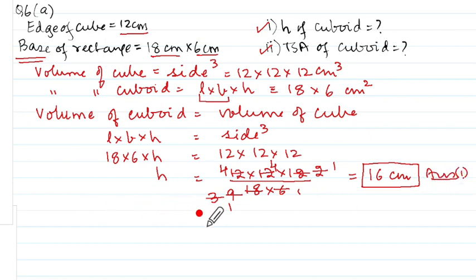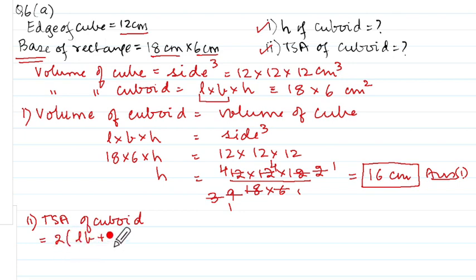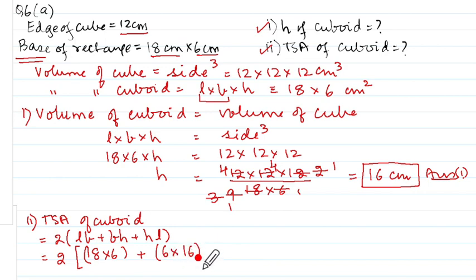For the second one, TSA of cuboid, the formula is 2 into LB plus BH plus HL, which will be 2 into length is 18, breadth is 6, plus breadth is 6, height is 16, plus height is 16 and length is 18.